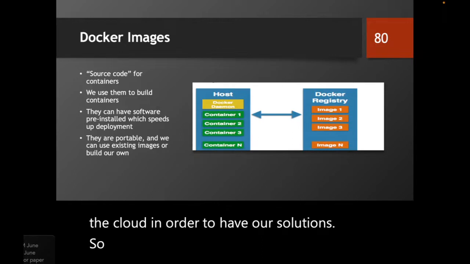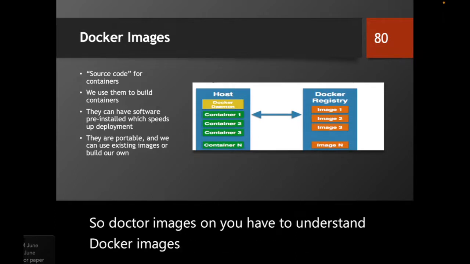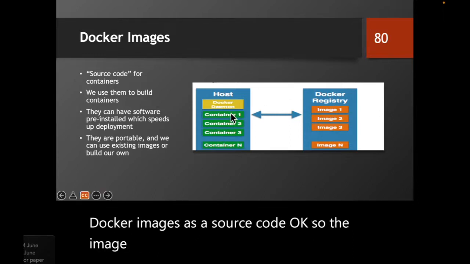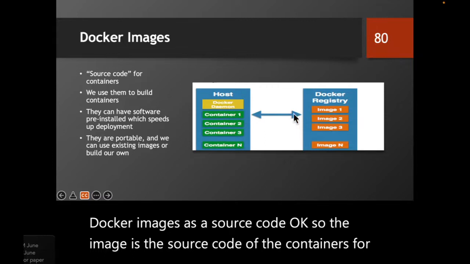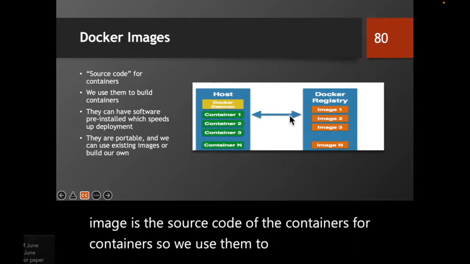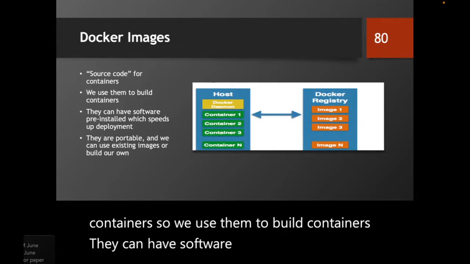Docker images, you have to understand as source code. The image is the source code for containers. So we use them to build containers. They can have software pre-installed, which speeds up the deployment.